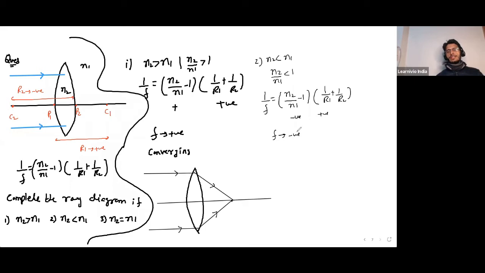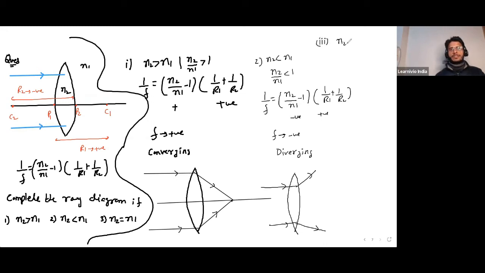If your focal length is negative, that means your lens is diverging now. So you take these rays, and they will go like this. It will behave like a concave lens basically.